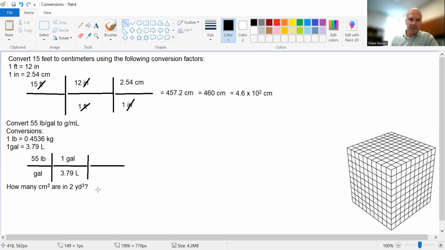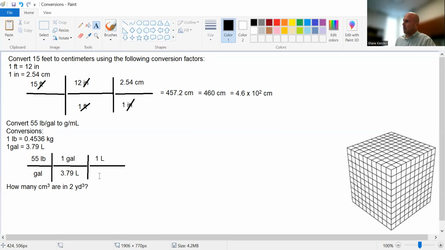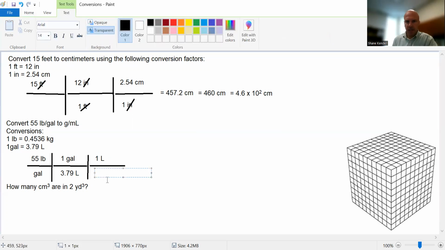And so, like I said, I can tell that this liter part is going to be able to be converted to milliliters. And so even though it's not in the conversions, it should be known that 1,000 milliliters is 1 liter. So what goes on the top, what goes on the bottom? Well, I need to cross off the liter, so I'd put the 1 liter part up the top here. And then underneath that, I'm going to have my 1,000 mils or milliliters.